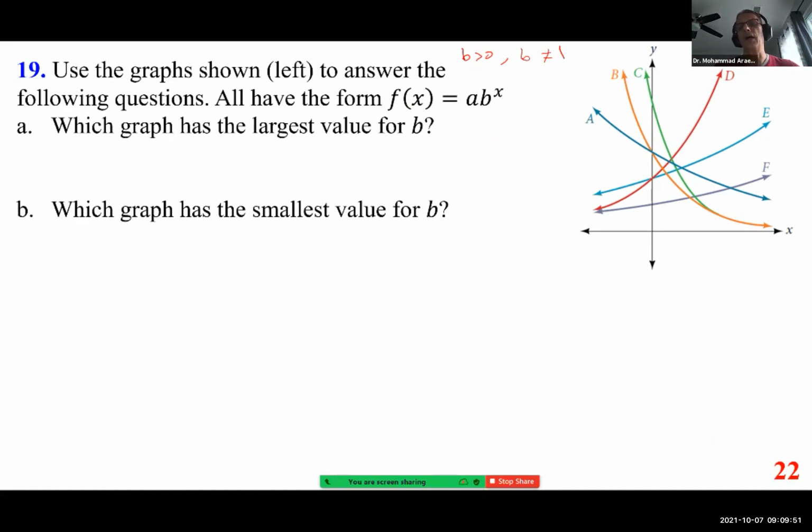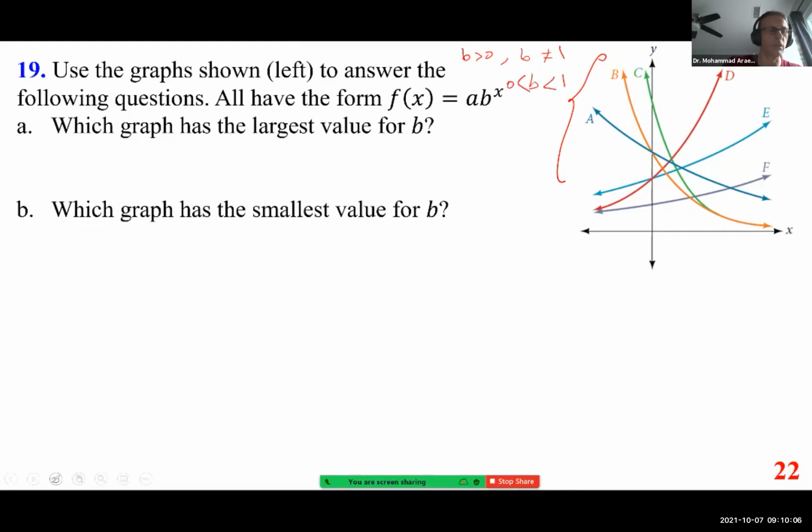The right side over here, the base is larger than 1. The left side, if you will, b is between 0 and 1.